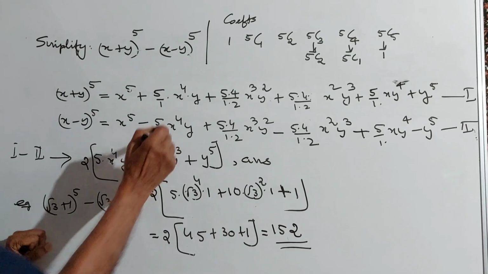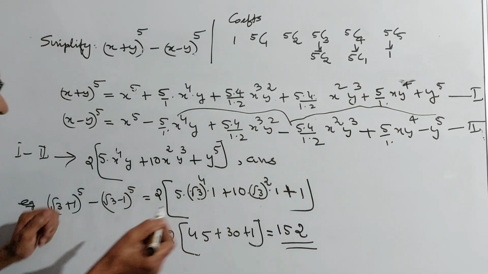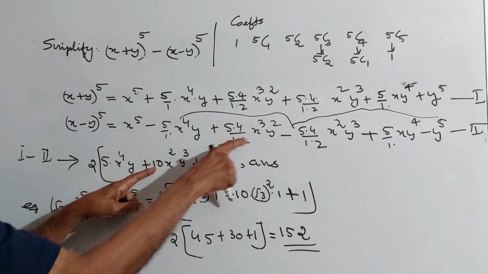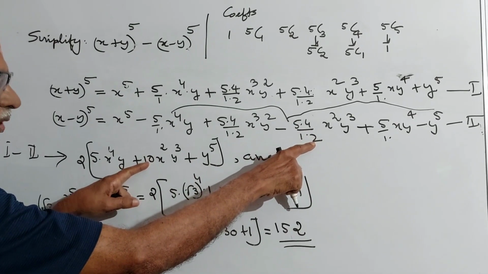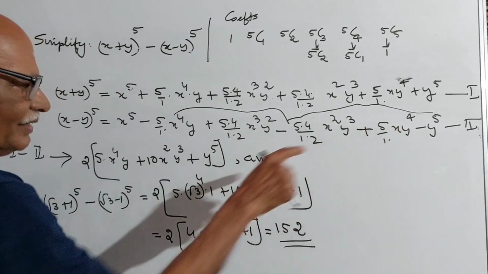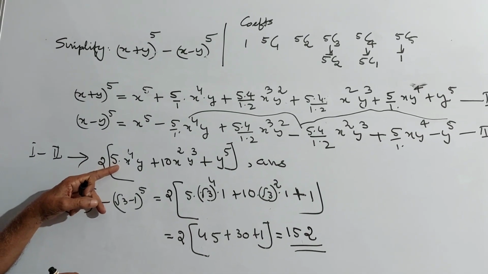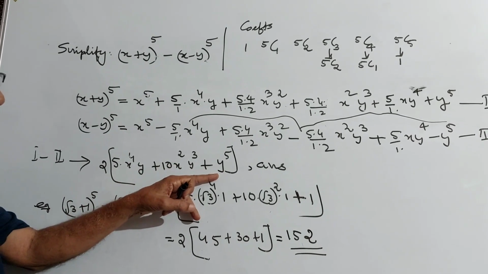We need only take 2 times the negative terms. So we see the answer is 2 times 5 x raised to 4 into y plus 10, 5 into 4 by 1 into 2 is 10, x squared y cube, and finally y raised to 5. So answer is 2 into 5x raised to 4y plus 10 x squared y cube plus y raised to 5.